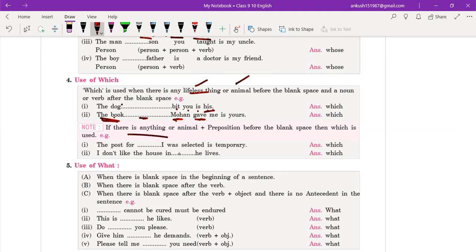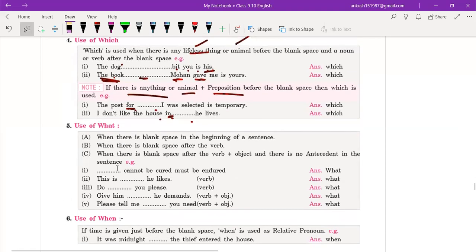But if there is a thing or animal plus preposition before the blank space, then which is used after the preposition, like the post for which I was selected is temporary. I don't like the house in which he lives. Here the preposition is used, and after the preposition, which is used. Okay, understood?